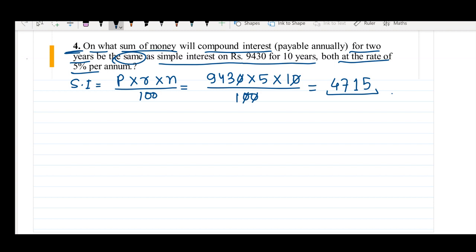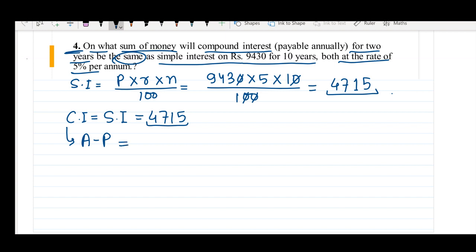Now compound interest is the same. It means CI is equal to SI, and this is equal to 4,715. And what is CI? CI is amount minus principal.